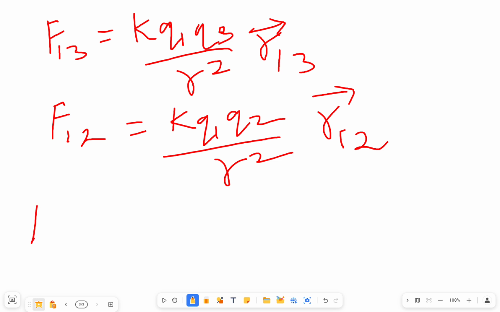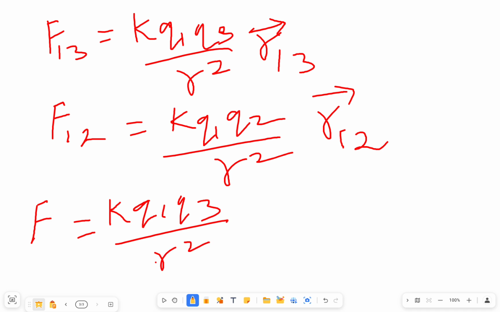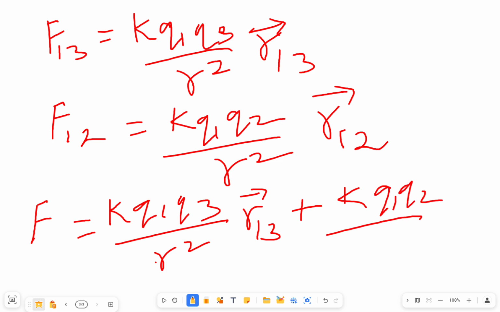So the resultant force will be K of Q1 Q3 by R square R13 vector plus K of Q1 Q2 by R square into R12 vector.